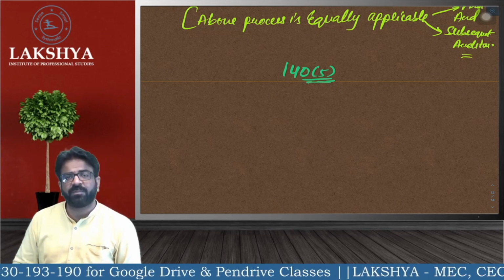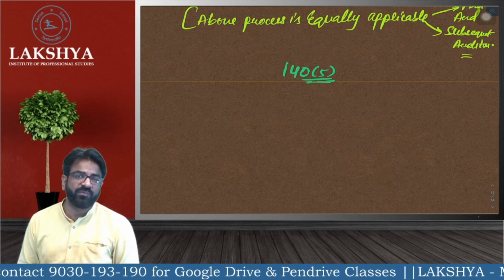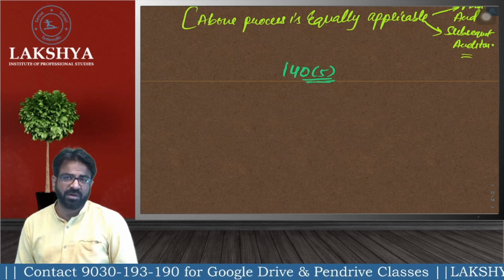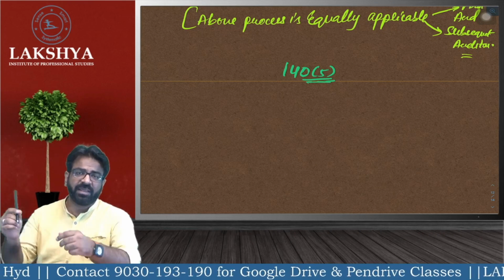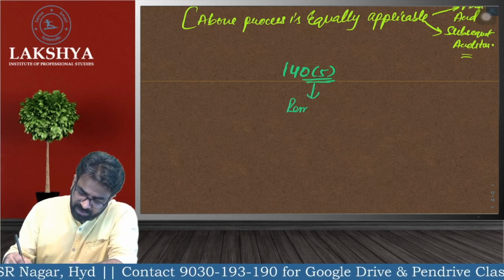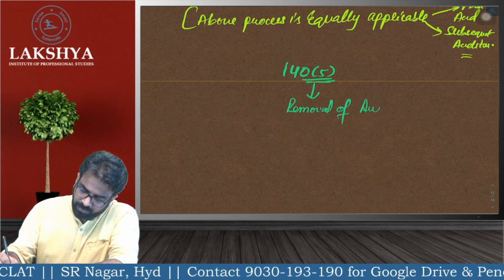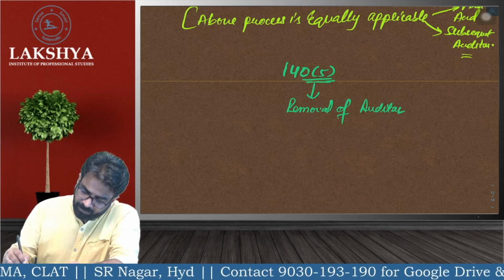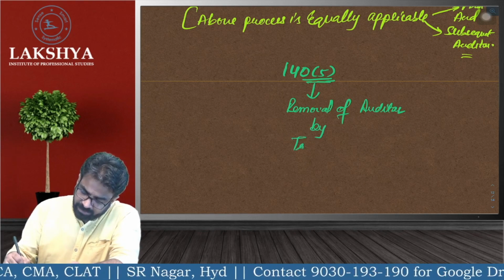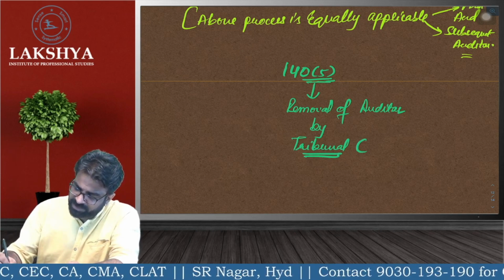By tribunal. Now the second person who can remove you other than the member is the tribunal. So now we are going to understand that particular part. So section number 140 subsection 5 is known as removal of auditor by tribunal. And when I'm using the word tribunal, means what?